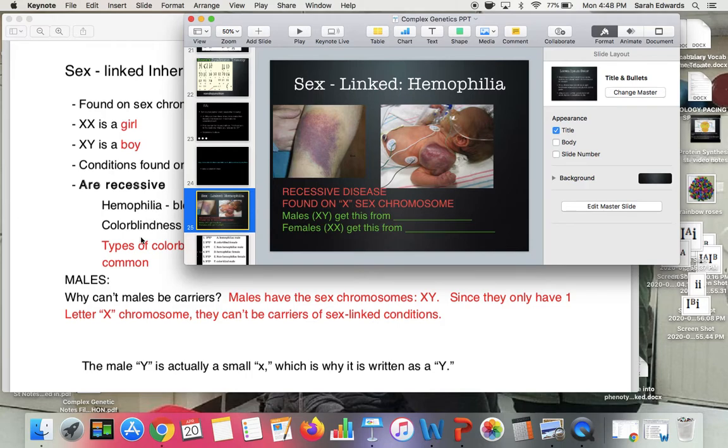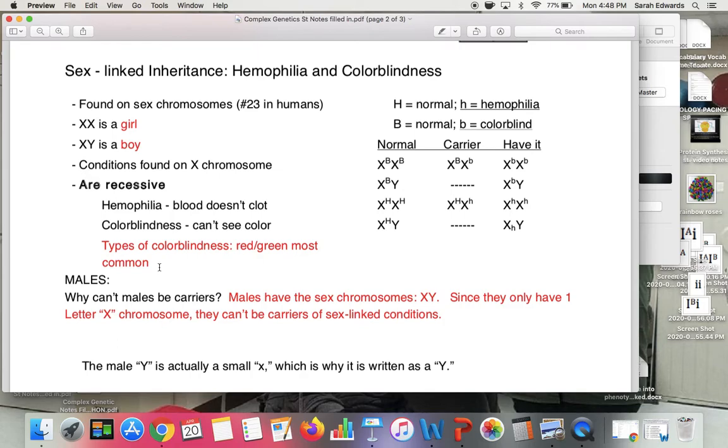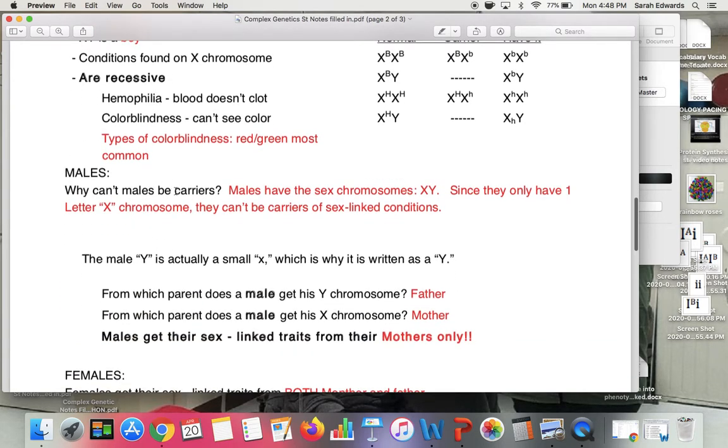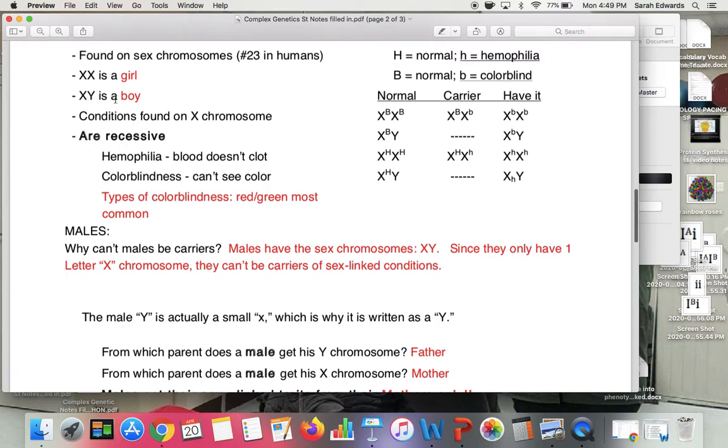So, what does this mean? Well, these are your notes for the day that you have in your link. We've already covered this right here. Now, why can't males be carriers? Well, if you look up here, a male is XY.